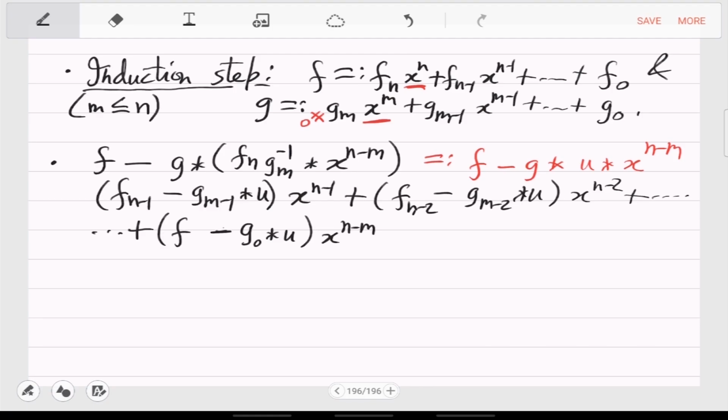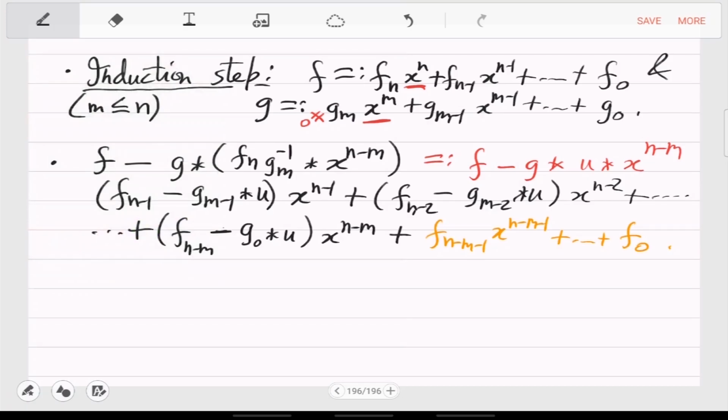So what is the f part that comes with x to the n minus m? F n minus m. Plus, the remaining part is unchanged in f. So that is f n minus m minus 1 to f0. Is that clear? That's basically the whole long division algorithm.